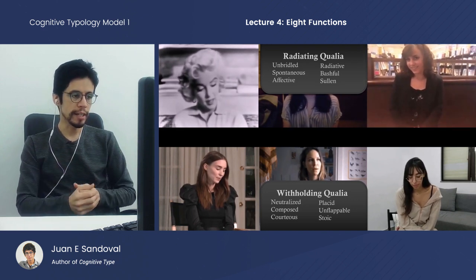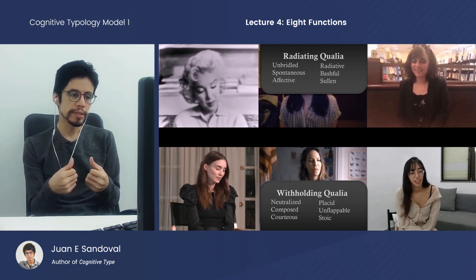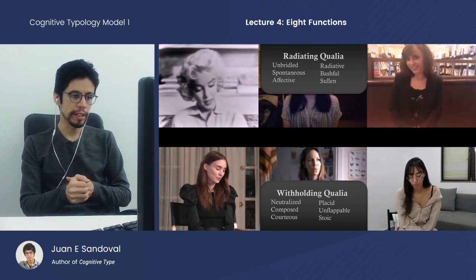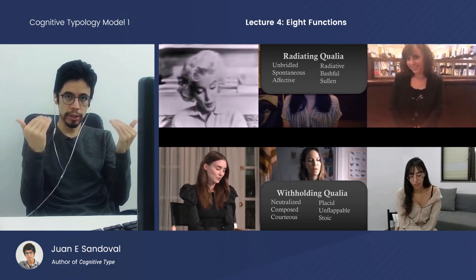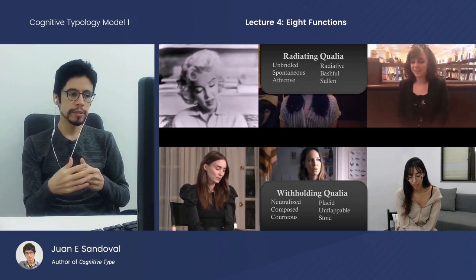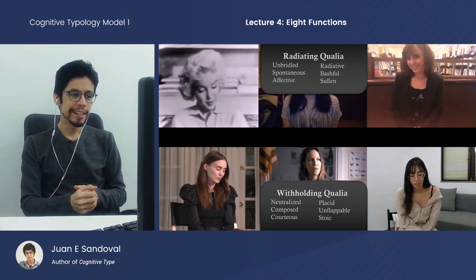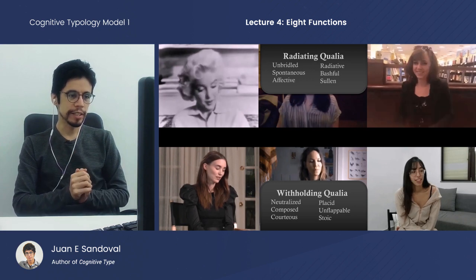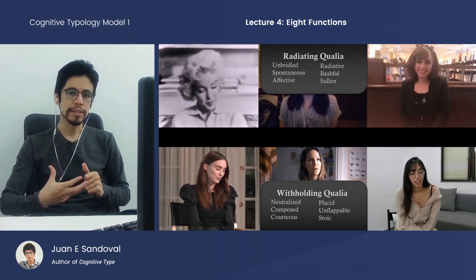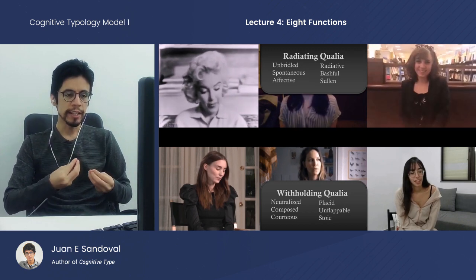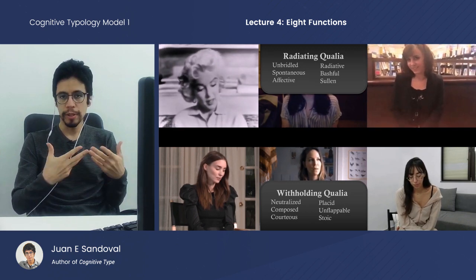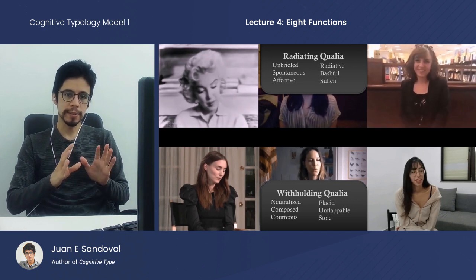Now on the bottom side, with the withholding types, the qualia that they generate can be described as neutralized, composed, courteous. We didn't get to see this very much, but whenever these types do come forth with emotionality, they do so in a way that is more polite, and not spontaneous.